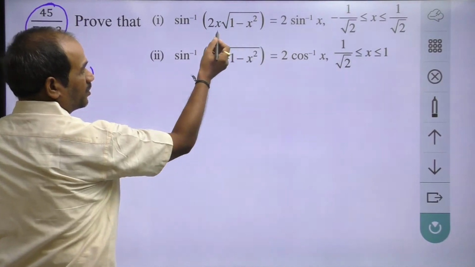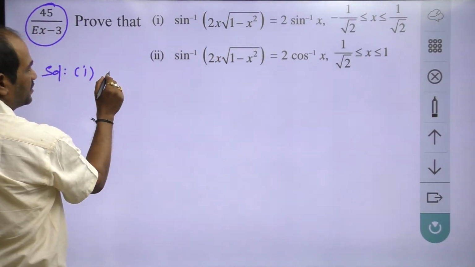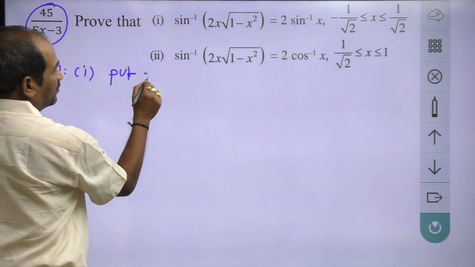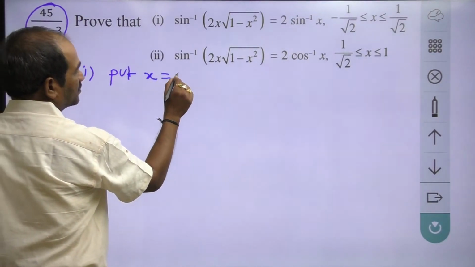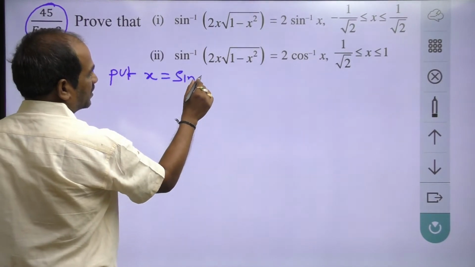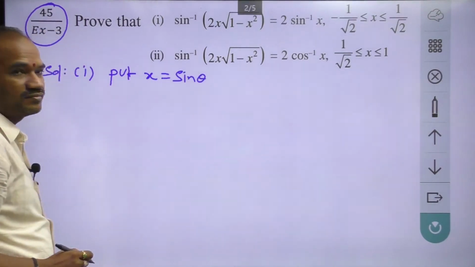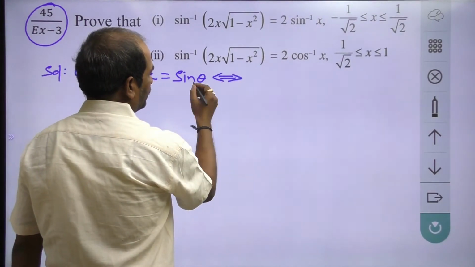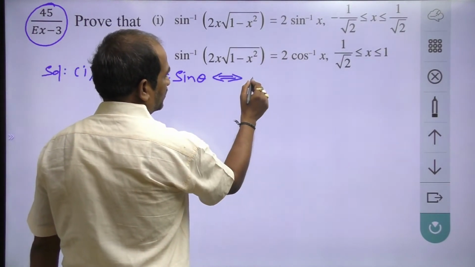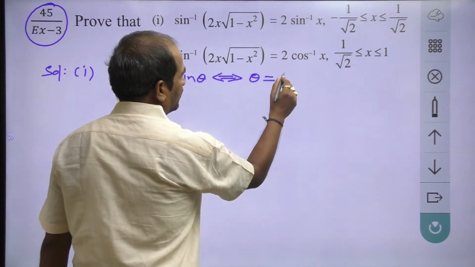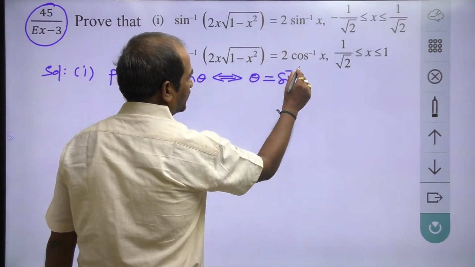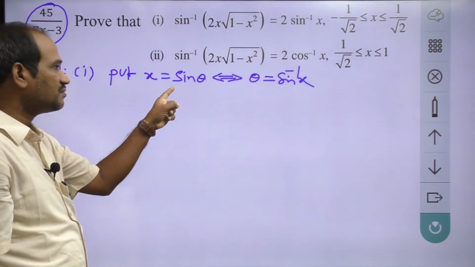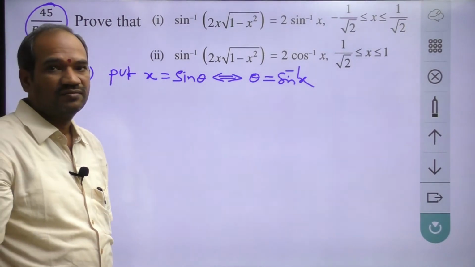Put x is equal to sin theta, so theta is equal to sin inverse of x. That is the theta value.